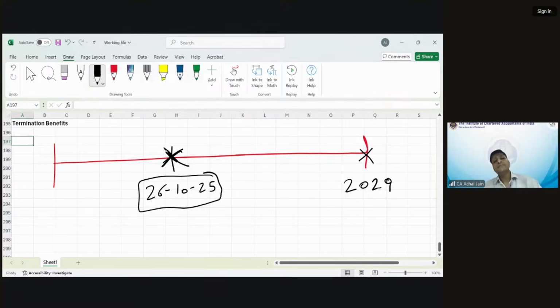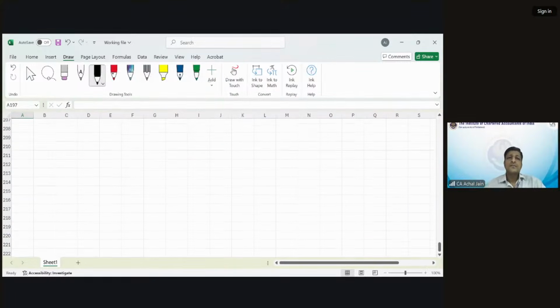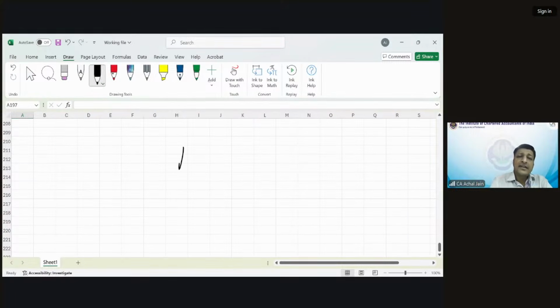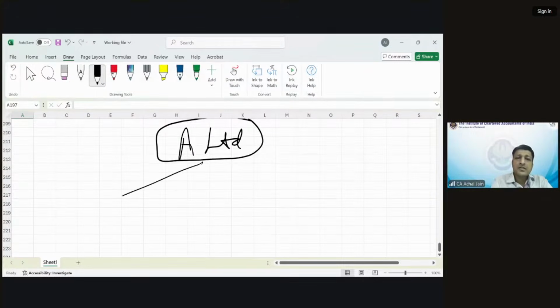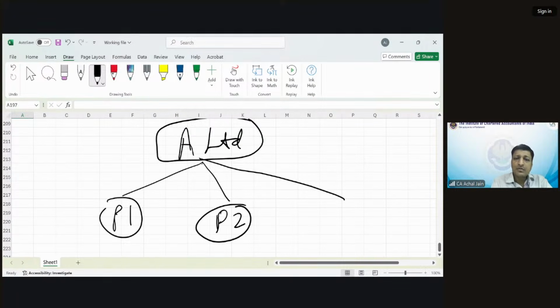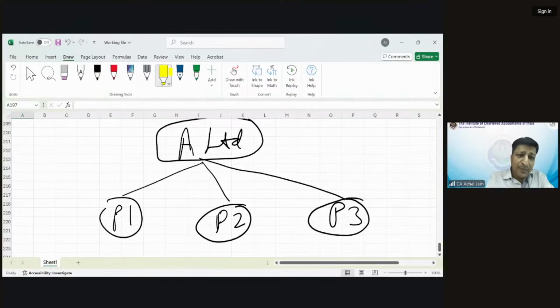For example, say there is an entity A Limited. It has three plants: P1, P2, P3. Now the company is planning to shut down P1.